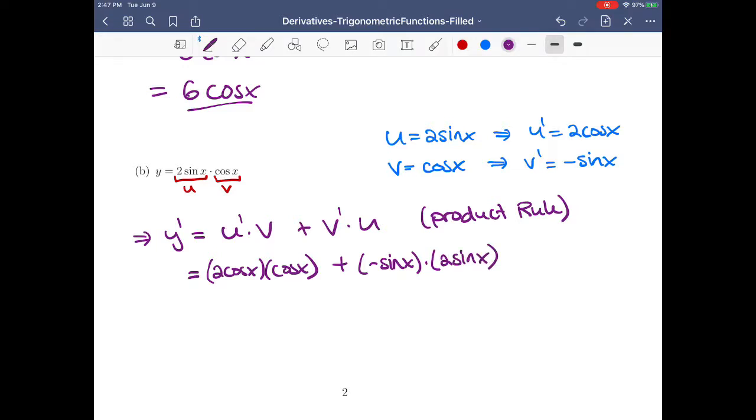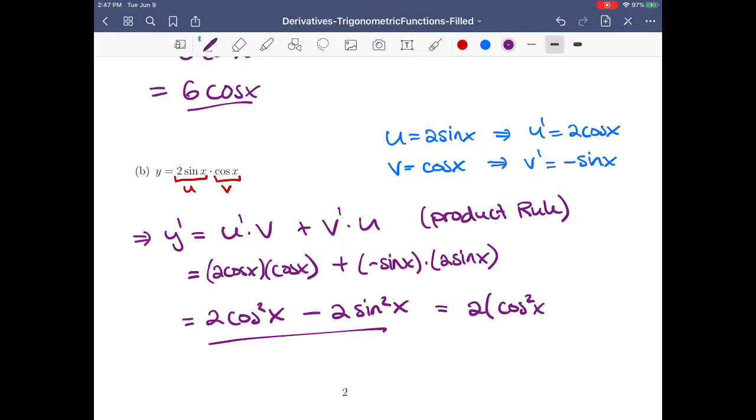So we end up getting 2 cosine squared x minus 2 sine squared x. That would be our derivative. If you want to factor out the 2, you can.